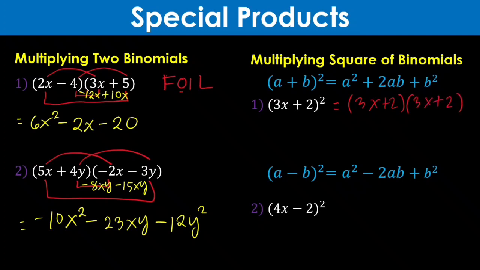Now notice that if you multiply the first terms, 3x times 3x, it's just like you square this. And then the last terms, 2 times 2, it's just like you square the 2. And then the middle terms, 2 times 3x, that's 6x. And then the outer terms, that's also 6x.